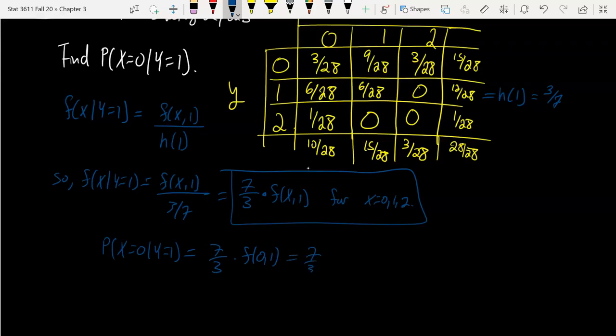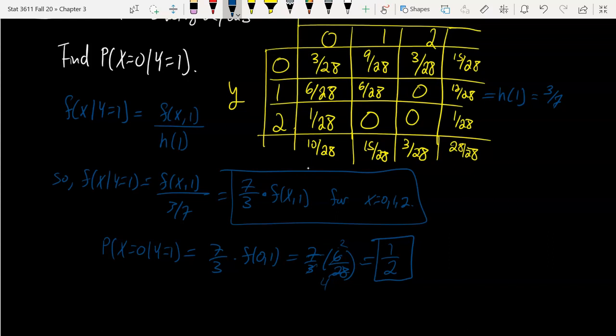What is f of 0 comma 1? You go to your table: when x is 0, y is 1, we see that that is 6/28. 3 goes into 6 twice, 7 goes into 28 four times, and 2 over 4 is a half. That is the probability: 1/2.